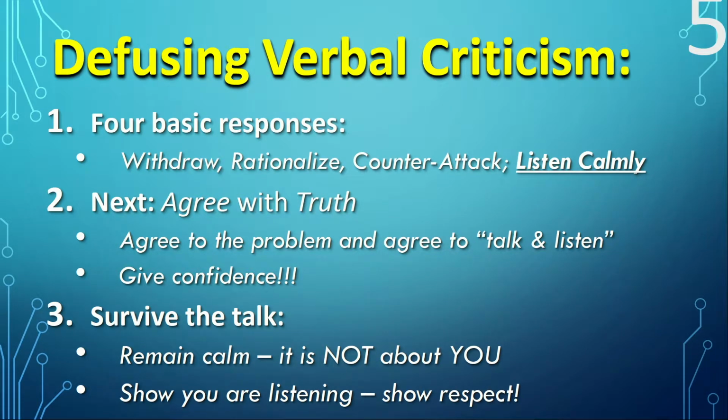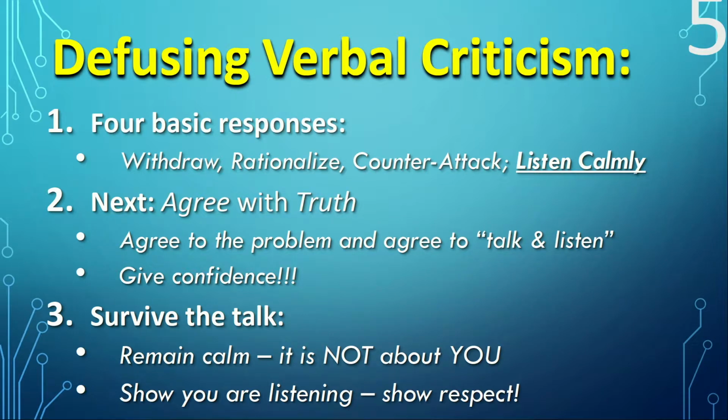And there's a second step. You have to agree to the truth. When they say, you're late, you told me this, you say, yes, I gave you an expectation I have not met. And now they step back and go, okay, they've owned it, they've acknowledged it. They're one step back from that cliff edge. Agree to the problem.